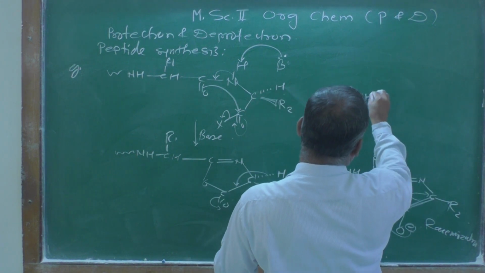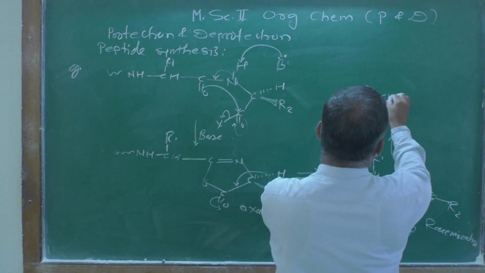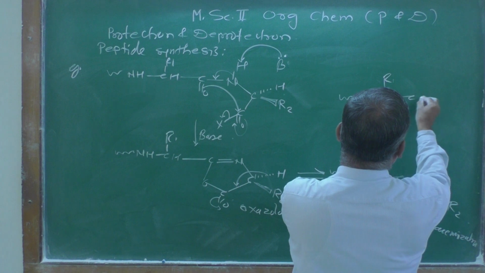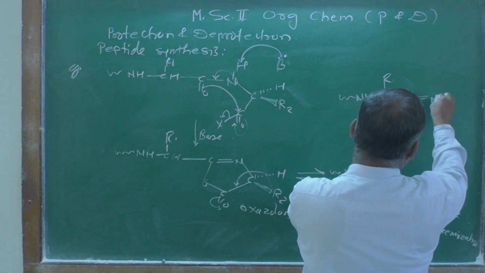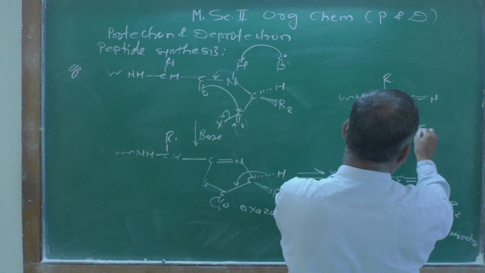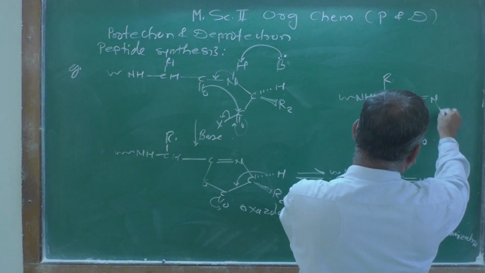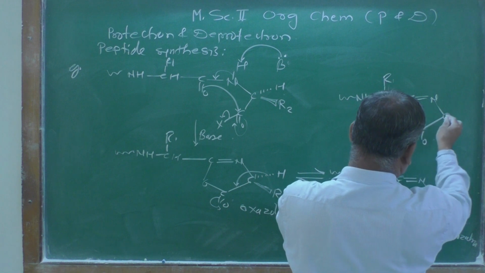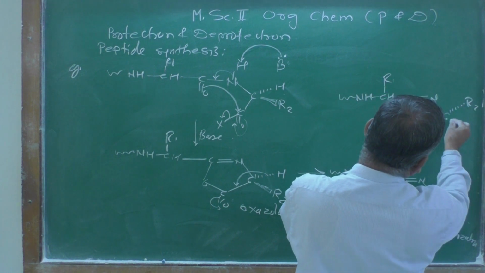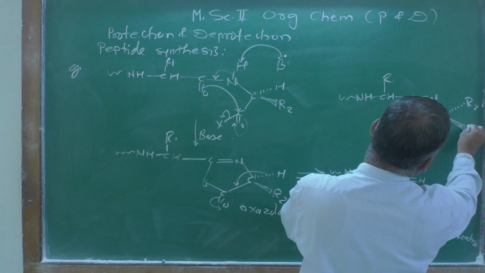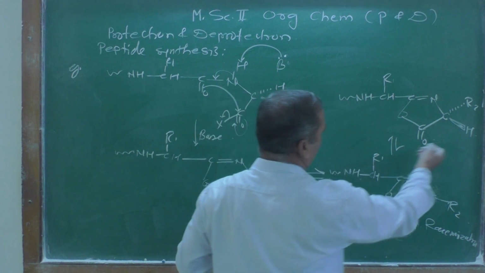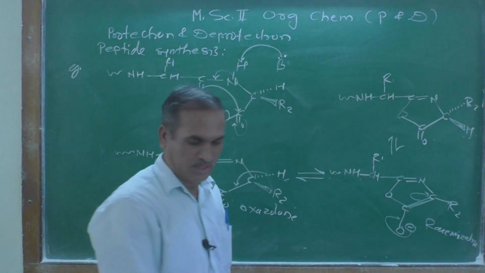There NH, then CH, R1, then C=N, here is O, then C=O, there C single bond, R2. Now this hydrogen atom comes on above. Here the hydrogen atom is below the plane, here the hydrogen atom is above the plane.